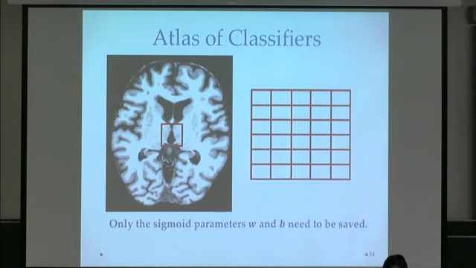In fact, only the bias and the weight W for each voxel is preserved. So rather than storing one parameter, a probability, we now have two parameters that take into account both the image intensities and their labels. We now do not need to store all the data, just these two parameters for each entry.